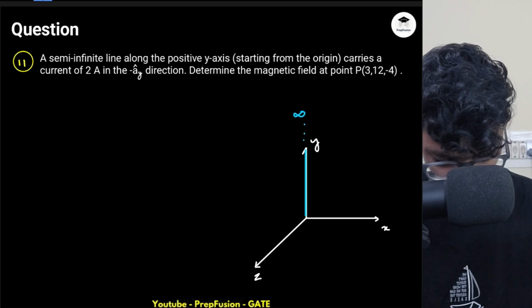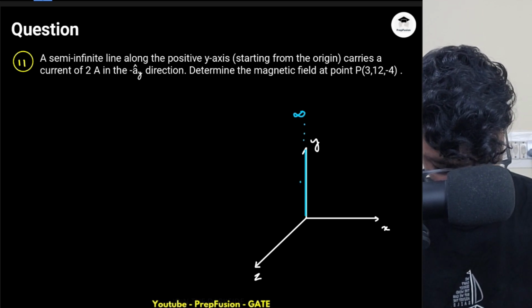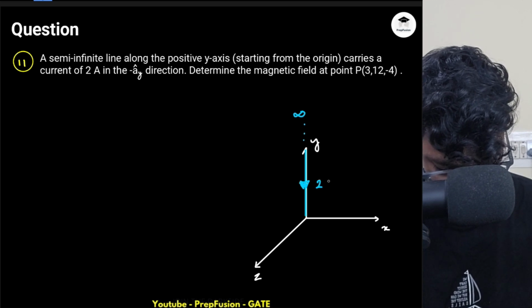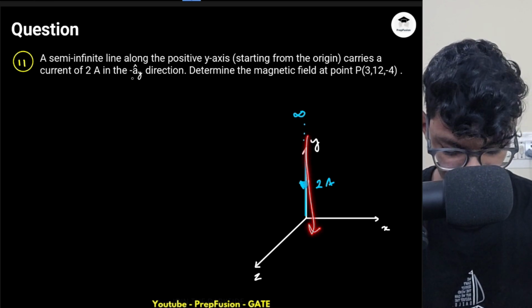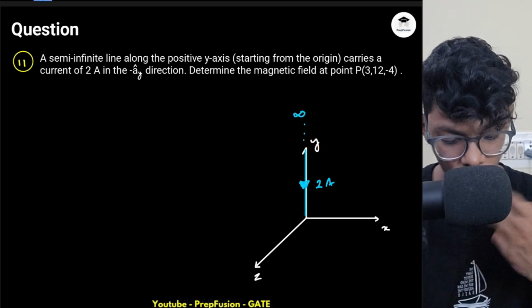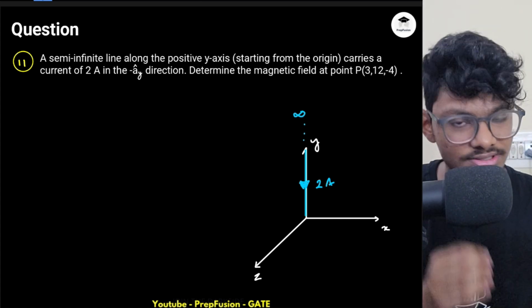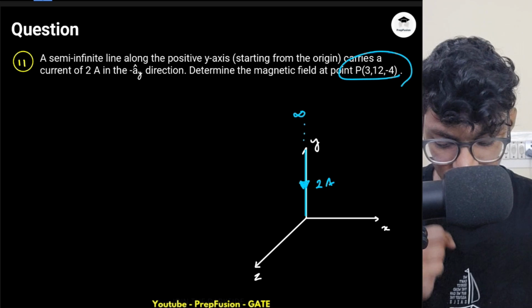So this carries a current of 2 amperes. As they have mentioned, the current carried is in the minus a_y direction. Now, where is the point? I can just write down the point. It's not that important to identify where exactly the point is, because the position has been given in terms of coordinates.